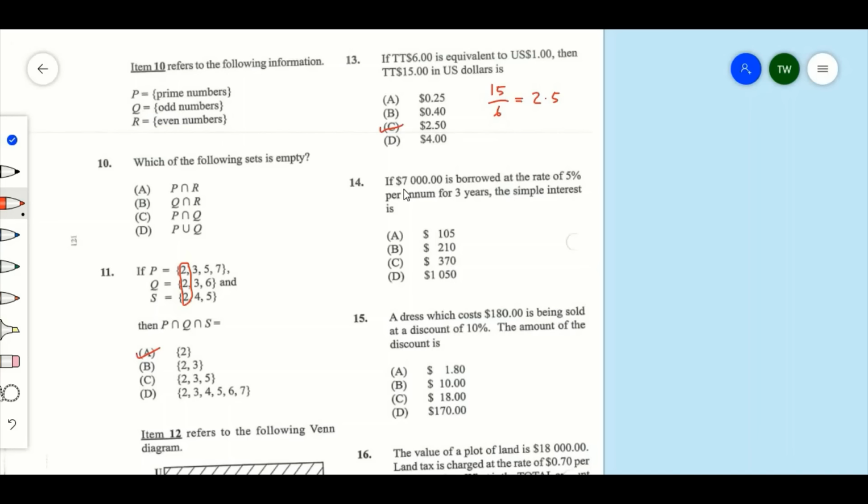Alright. If $7,000 is borrowed at a rate of 5% per annum for 3 years, the simple interest, which is SI in this case, is going to equal the principal, which is P in this case, times the rate, which is R in this case, and the rate is in percentage, times time, which is T in this case, over 100.